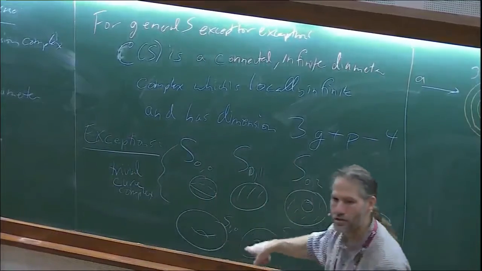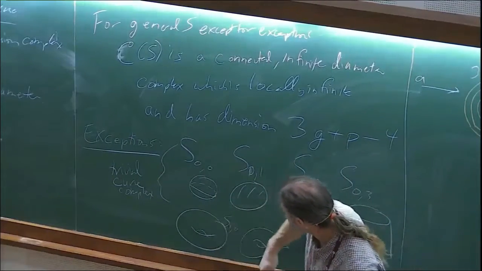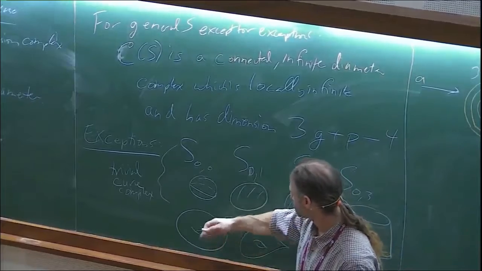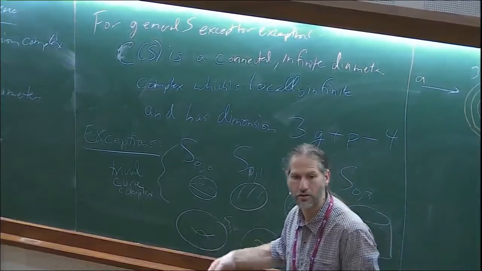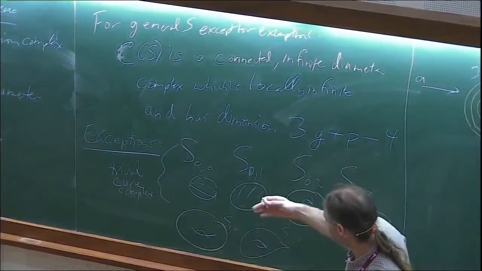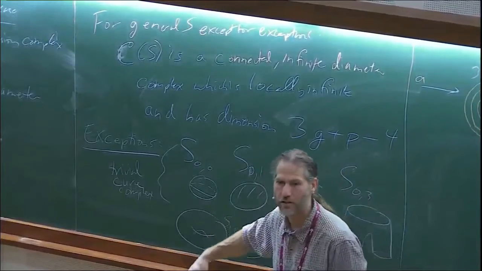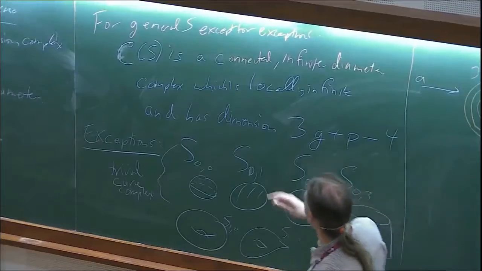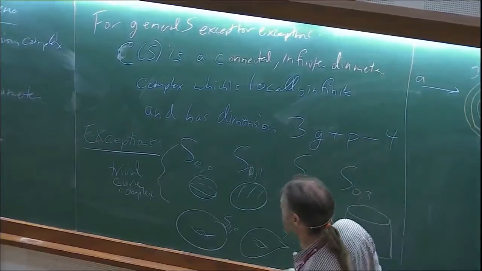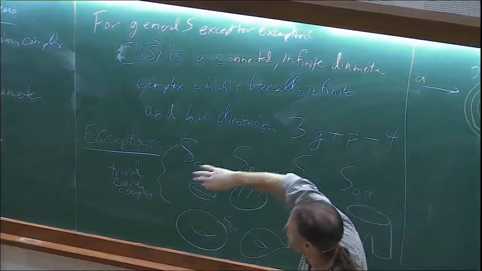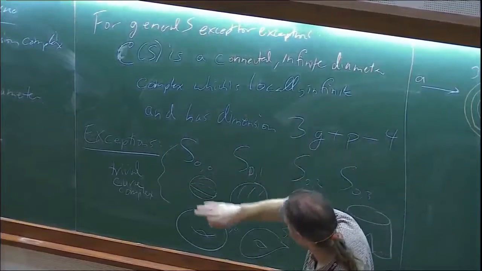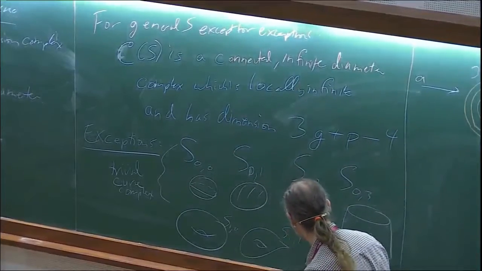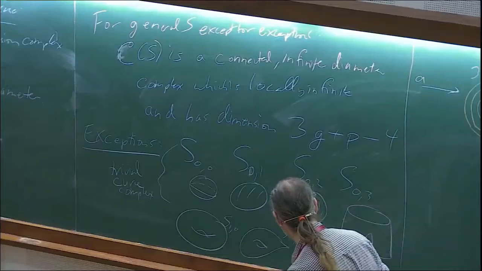On these surfaces, there exist non-trivial curves, but every pair of curves intersect at least once. And so you've got to modify the definition so that instead of disjointly, you say once, and then this dimension bound will be slightly different. But modulo the dimension bound, the rest of these statements hold in these 2 cases. And then the one other exception is the 4-hole sphere.